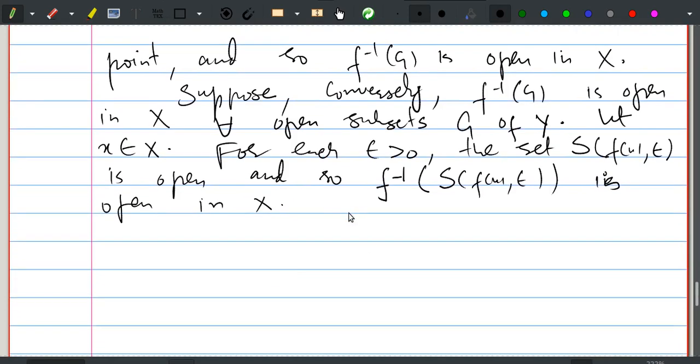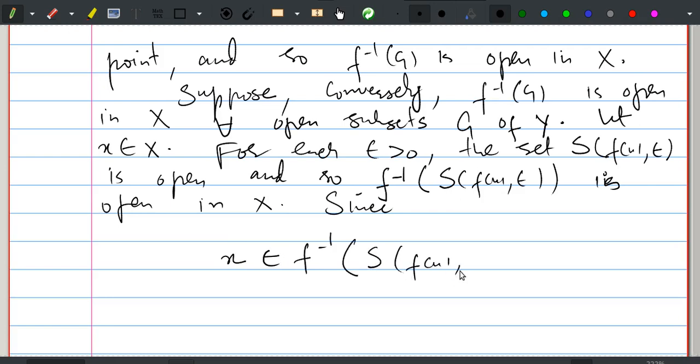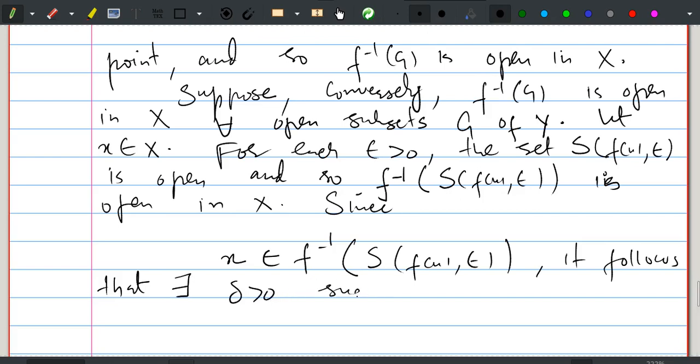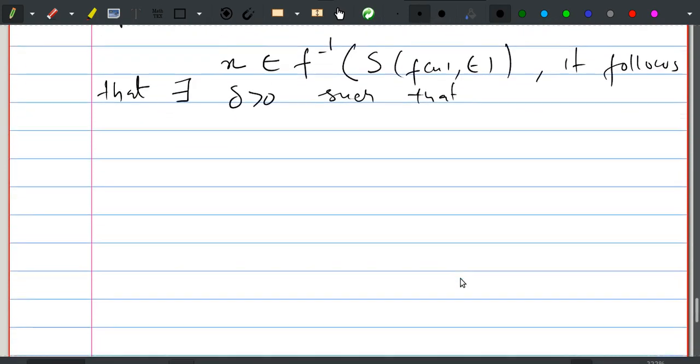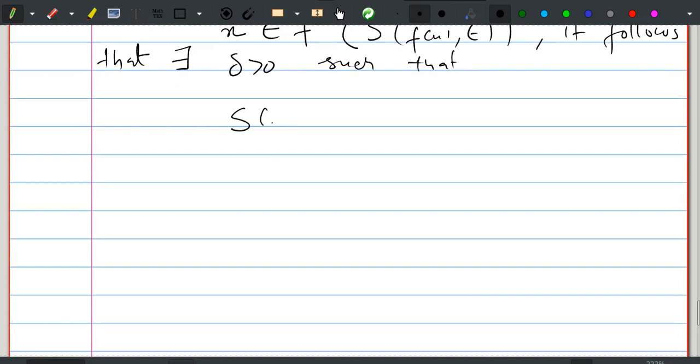Now since x belongs to f inverse of S of f of x, epsilon, it follows that there exists some delta positive such that the open ball S of x, delta is contained in the inverse image of the open ball centered at f of x with radius epsilon.